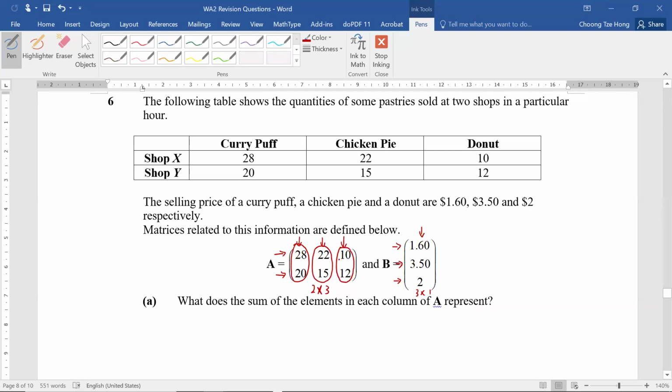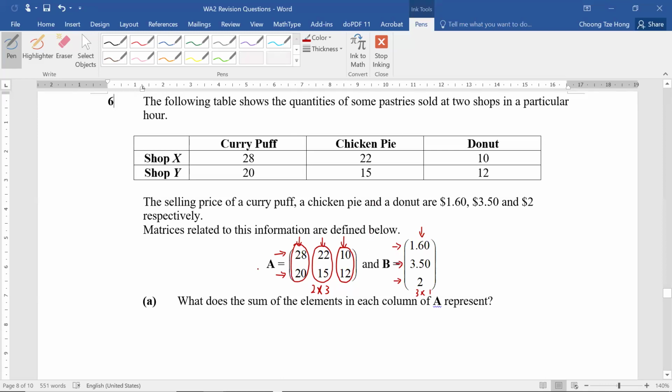If you refer back to the table, if you add 28 to 20, you get the total number of curry puffs sold in both shop X and Y in that particular hour. Similarly for the chicken pie, the total number of chicken pies sold by both shops in an hour, and then the total number of donuts, 10 plus 12. That's what the sum of elements in each column of A represents.